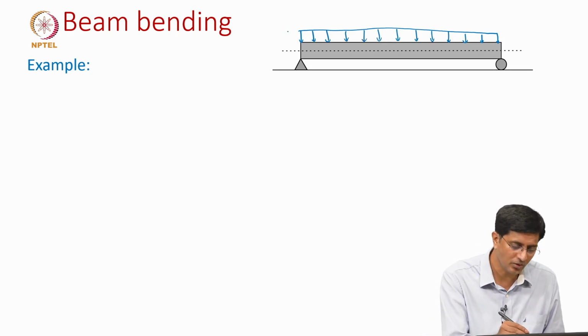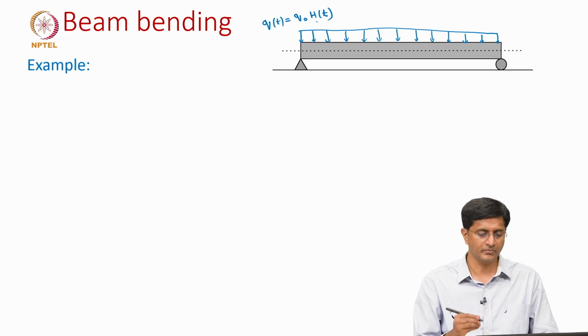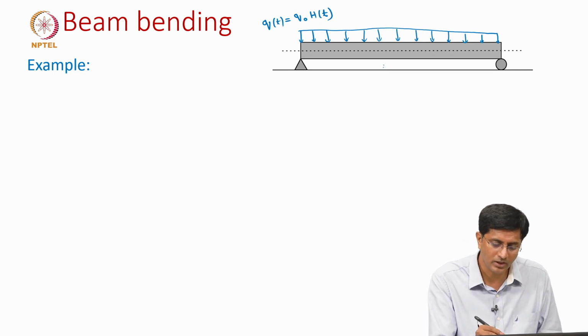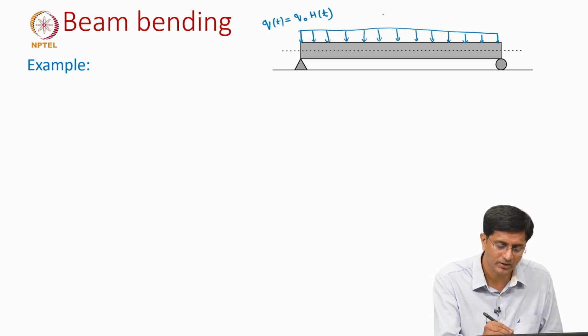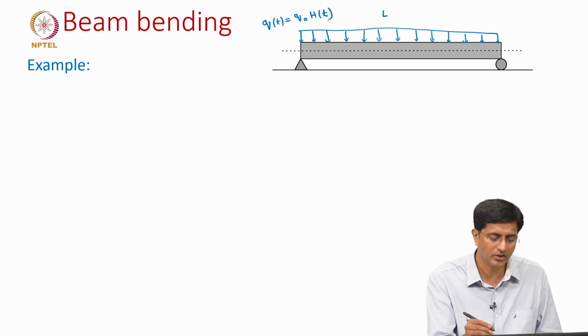Let us say this load is given as Q of t, which is Q naught times the step function H of t. Okay. And let us also take that the length of the beam is L.